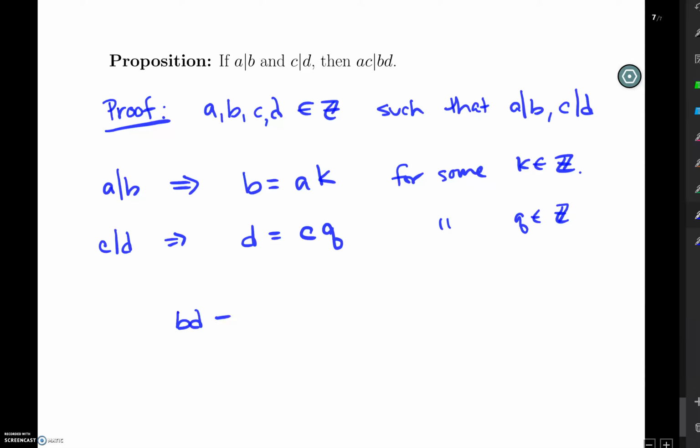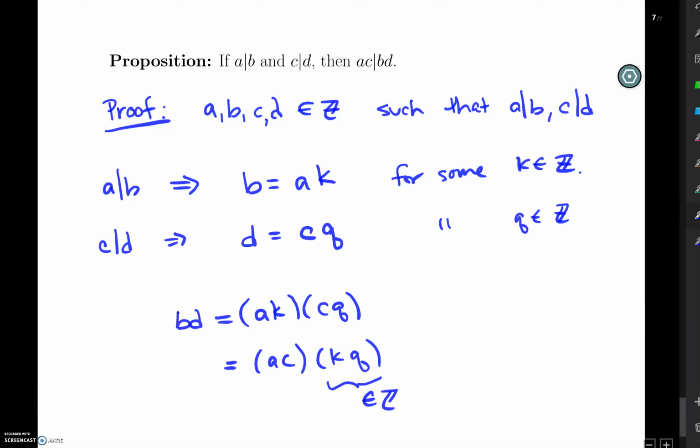Well, BD we know is AK times CQ. Because we know that the associative and commutative properties hold for integers, we can rewrite this as AC times KQ. Again, KQ has to be an integer.